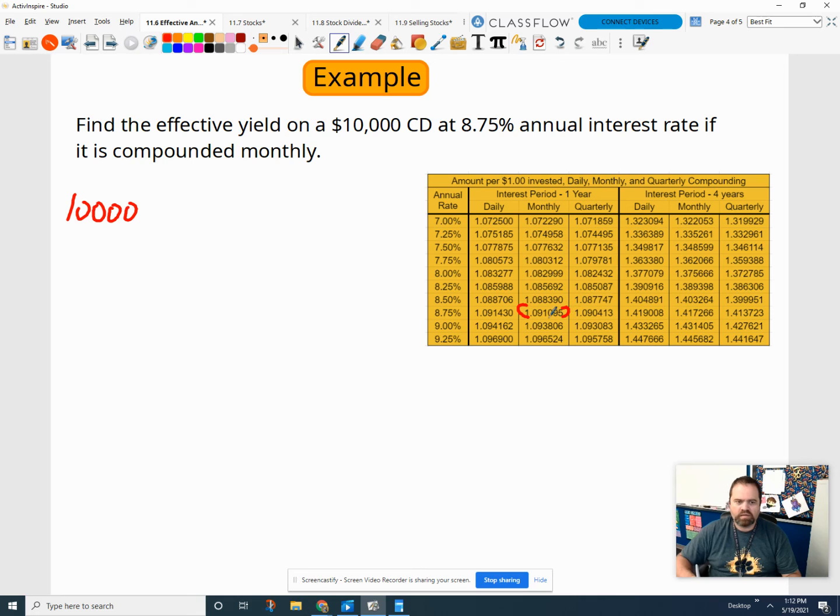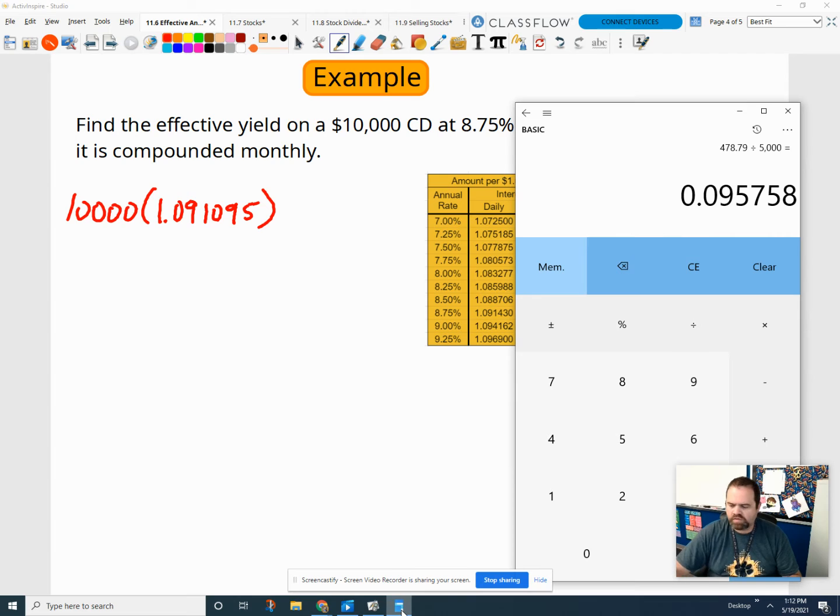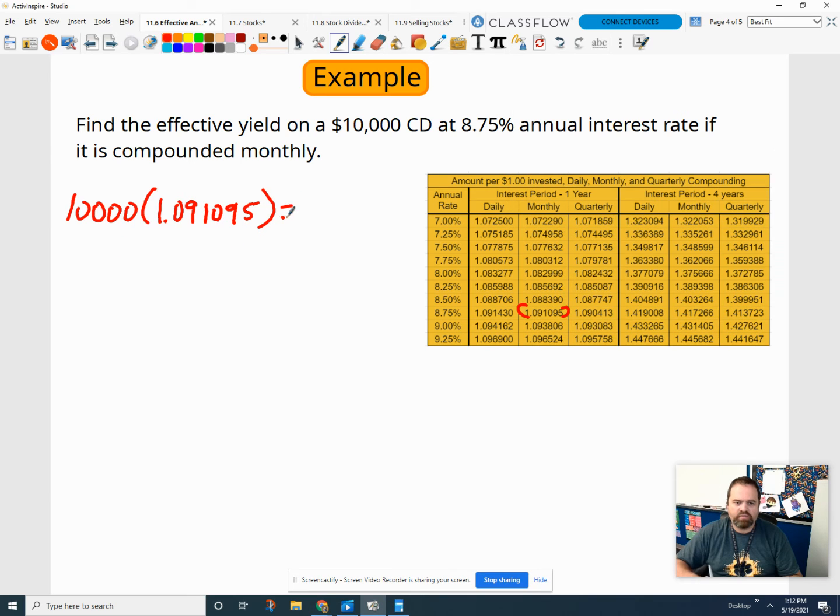So I'm going to take that 10,000 times 1.091095. That gives 10,910.95.